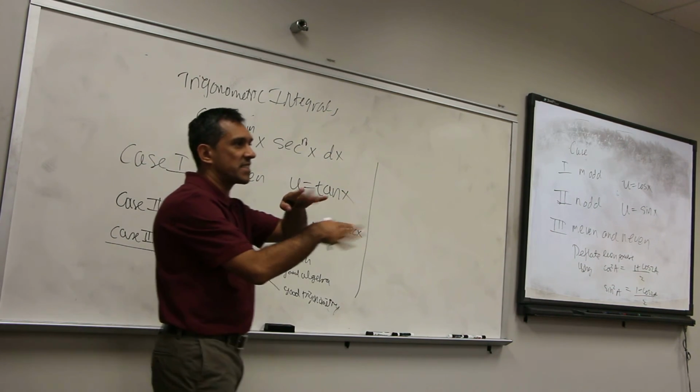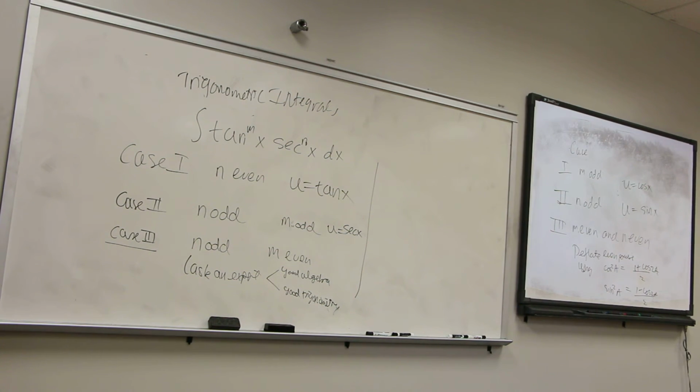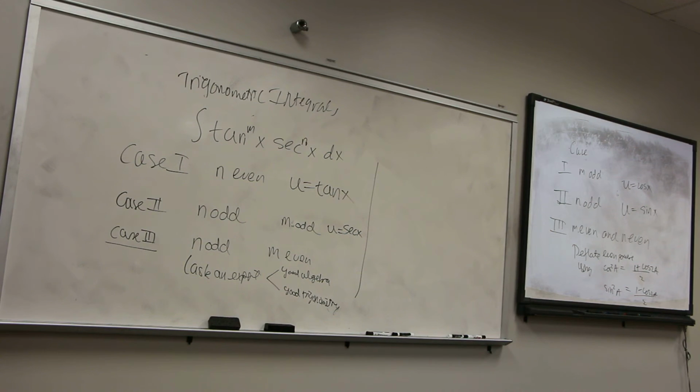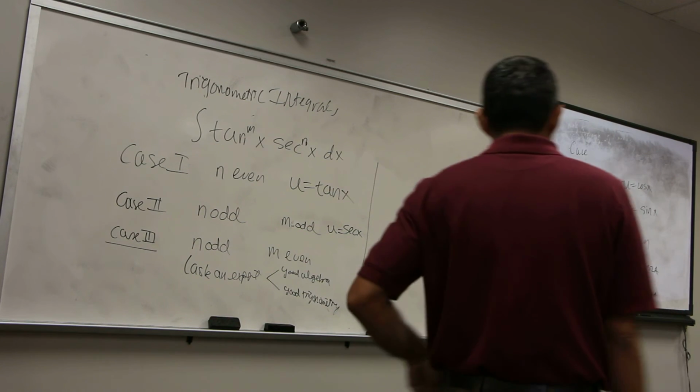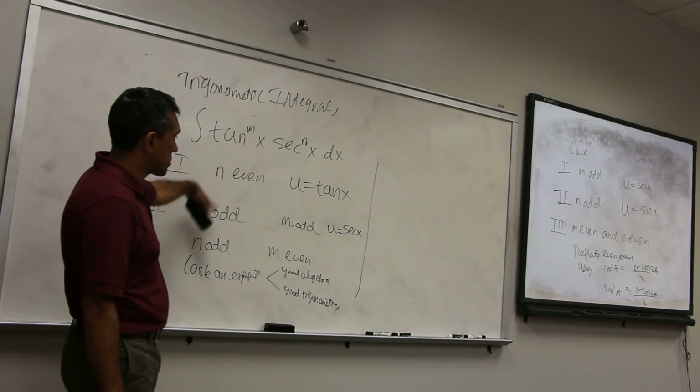You're going to have to do some fancy tricks, what I call arcane tricks. So this leads us astray. I'm not going to do that case. You can go look in your textbook. There's some fancy examples there. Okay, so let's look at these two cases.